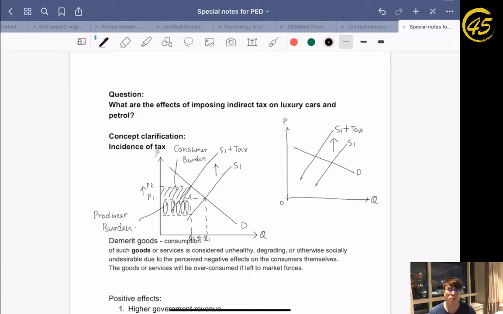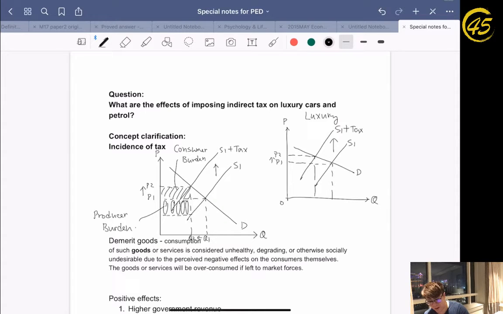Remember, luxury cars usually have a more elastic demand curve because they are not a necessity. They generally have a high price, and occupy a large proportion of your monthly income. So we'll draw a relatively more elastic demand curve and draw the diagram for luxury cars.